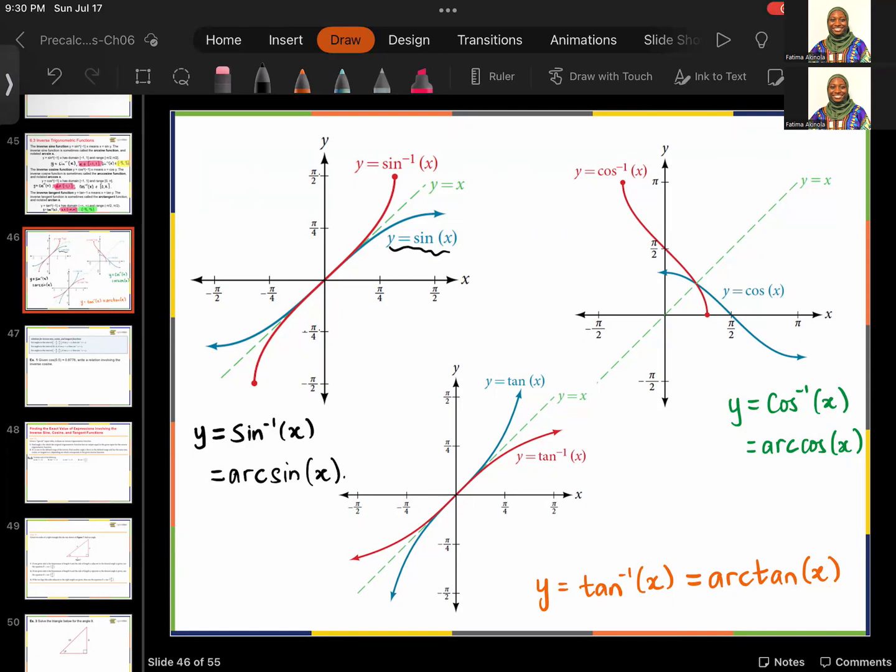The inputs become the outputs and the outputs become the inputs. Essentially that's what an inverse function does. It's like flipping along the line y equals x. So this is the one for sine inverse, this is the one for cosine inverse, and this is the one for tangent inverse.